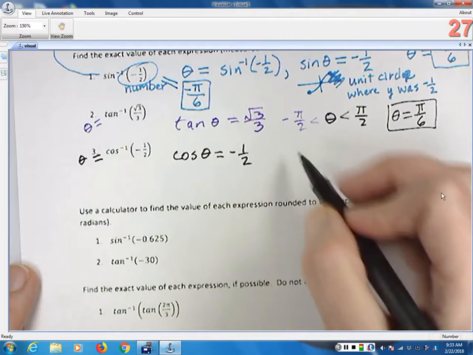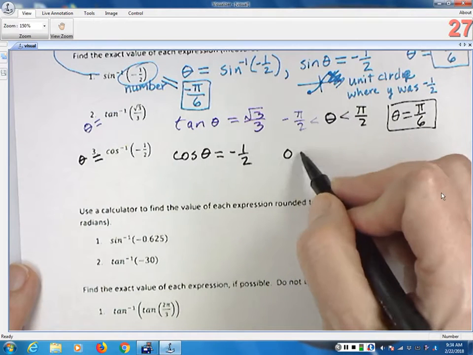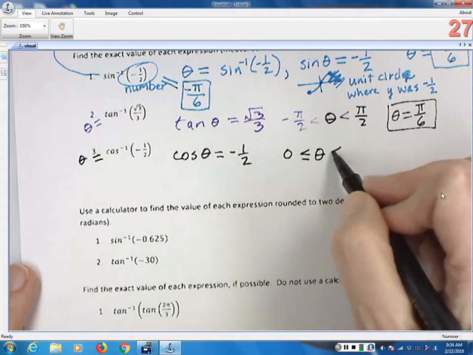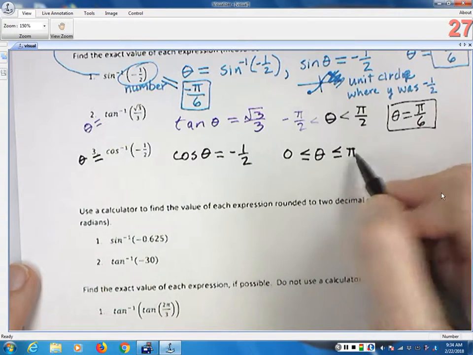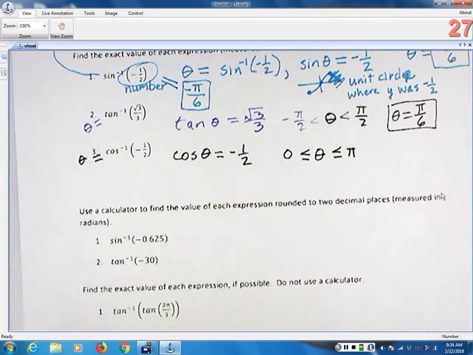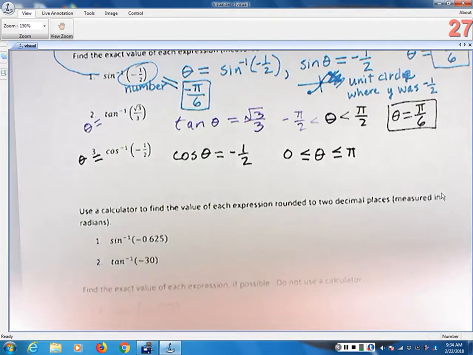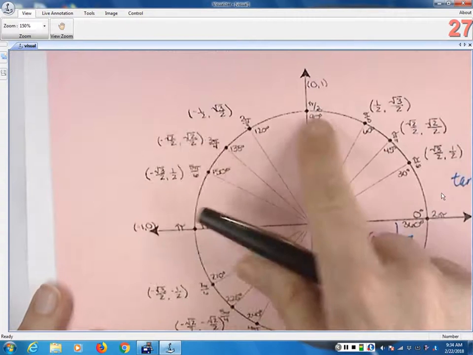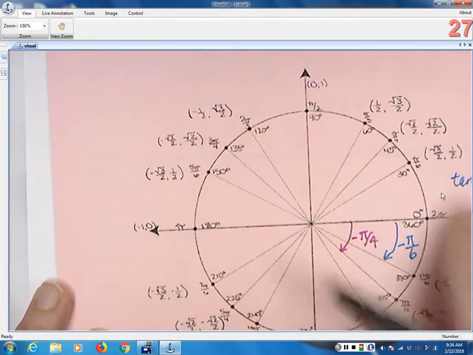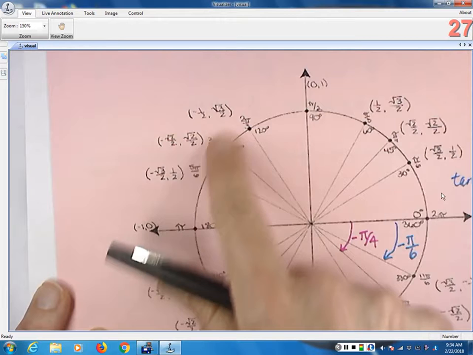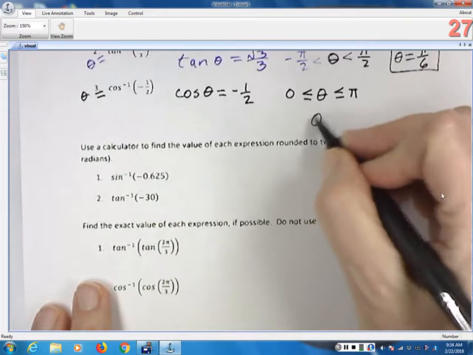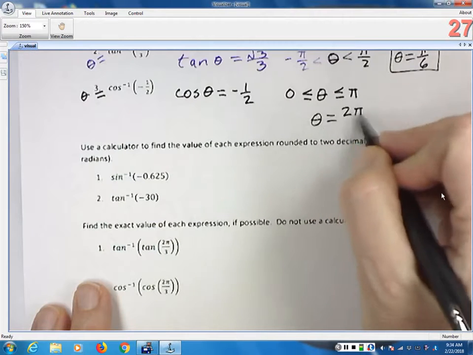But cosine, you look up its restrictions, it's restricted between 0 and pi. So you look on the unit circle where x is -1/2. So the x is -1/2 at 2 pi over 3 between 0 and pi. So the answer is theta equals 2 pi over 3.